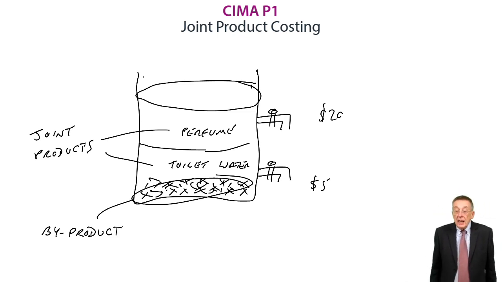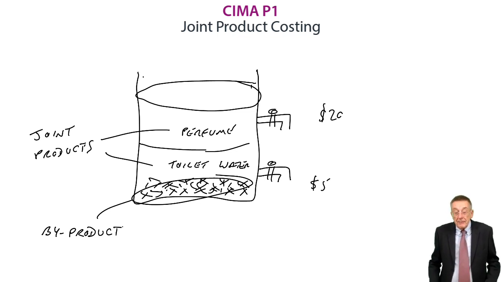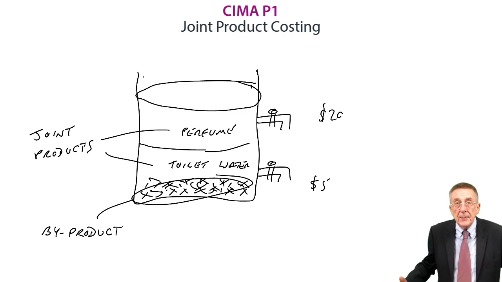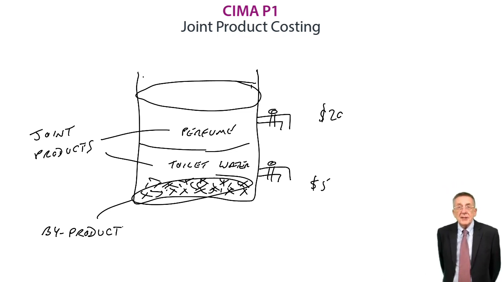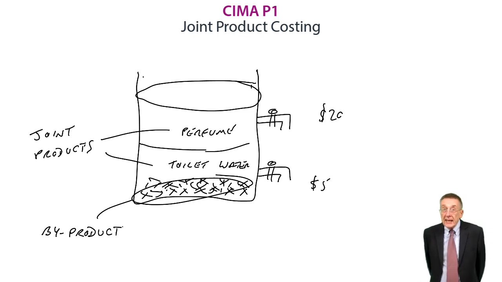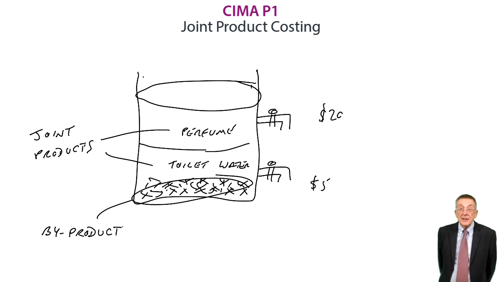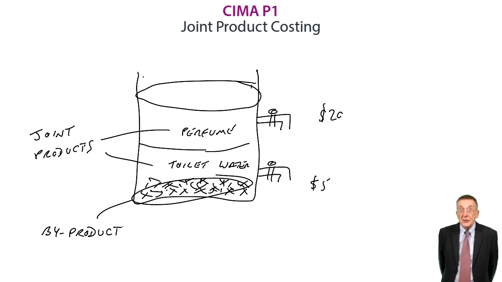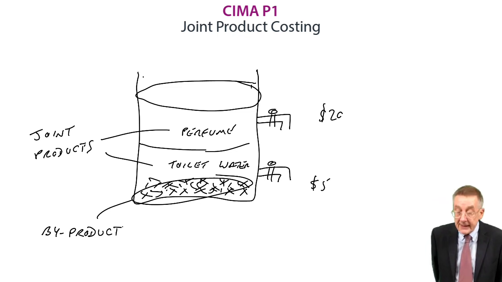So a byproduct is not something we're specifically producing. It's not a third product that we're trying to sell in the shops. It's more waste than anything. It happens almost by accident. But I say again, if the farmer is prepared to buy the dead flowers from us, obviously at a much lower price than perfume and toilet water, then any money is worth getting.